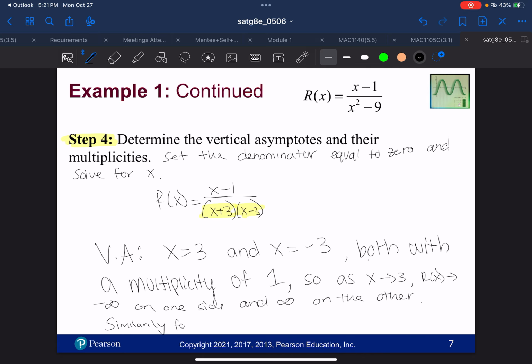Similarly, for x approaches negative 3, r of x will approach negative infinity on one side and infinity on the other.